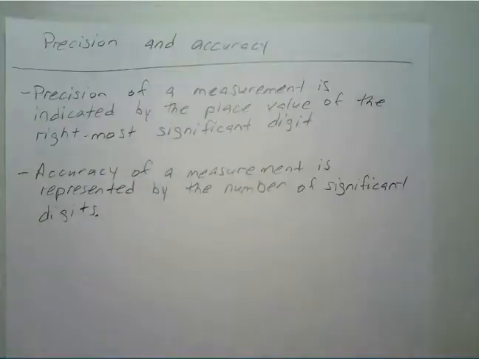So we already know how to do the accuracy. The accuracy is just the number of significant digits. All right, and the precision is just the significant digit place value to the rightmost digit. If you're writing this, feel free to press pause, but we're going to do a couple of examples of precision and accuracy.